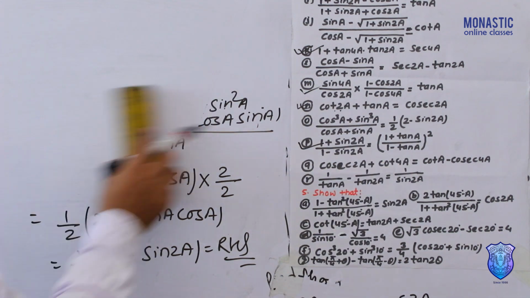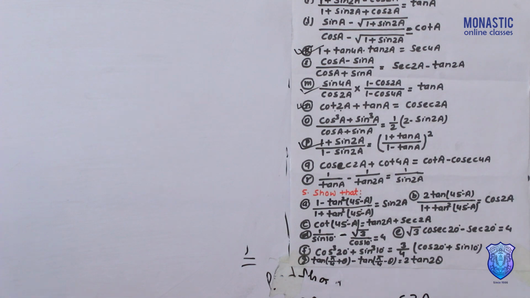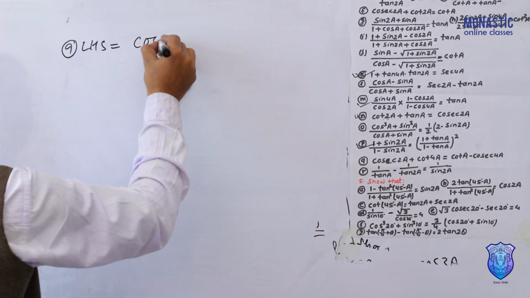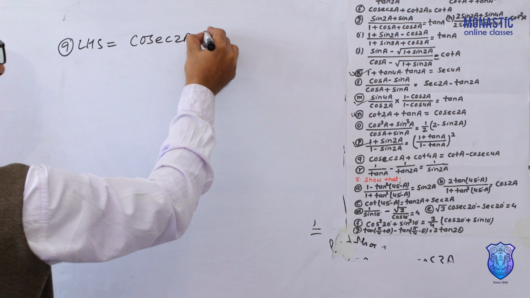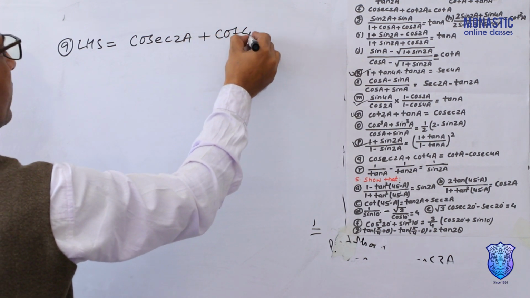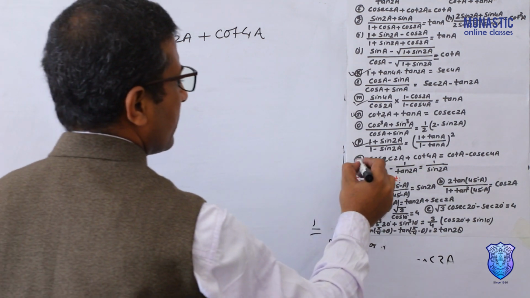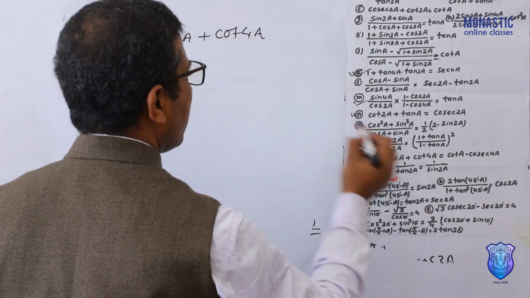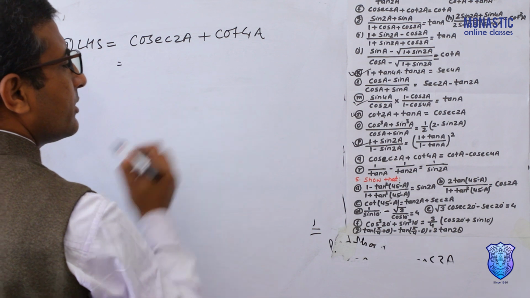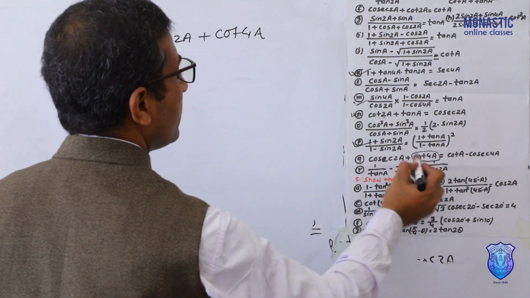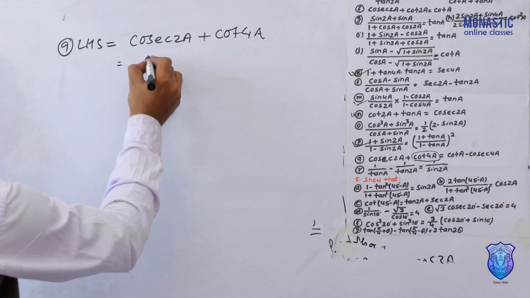Now come to question number Q. That's one of the long questions we have. Cosec 2A plus cot 4A. In such type of question, be careful, take either LHS or RHS, but prefer the side where you have the bigger value of cot.